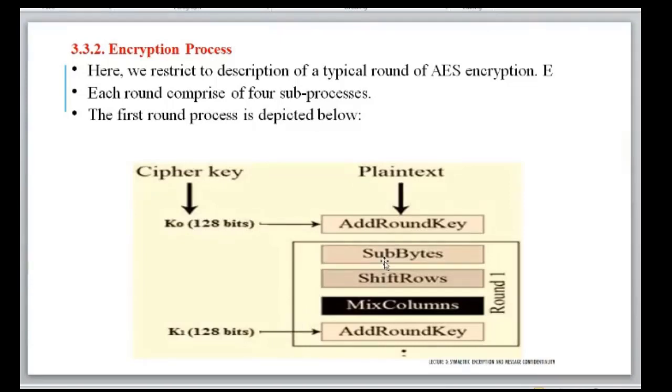Inside the algorithm, you can see there are 4 different steps going on in each round. Step number 1 is sub-bytes, which we will see. The second step is shifting the rows. The third step is mixing the columns. Then we add the round key. So there are 4 different steps in each round.